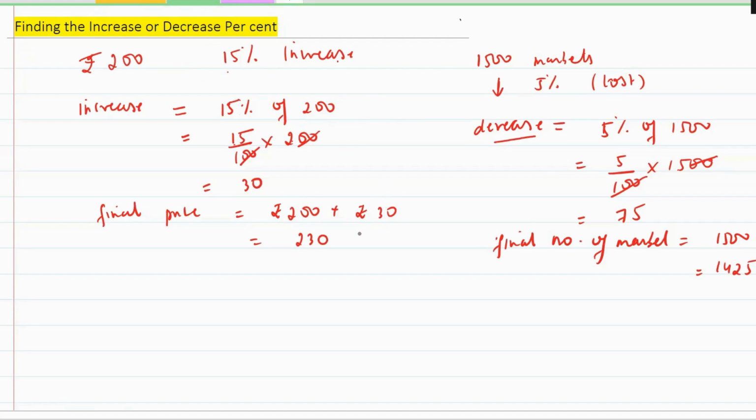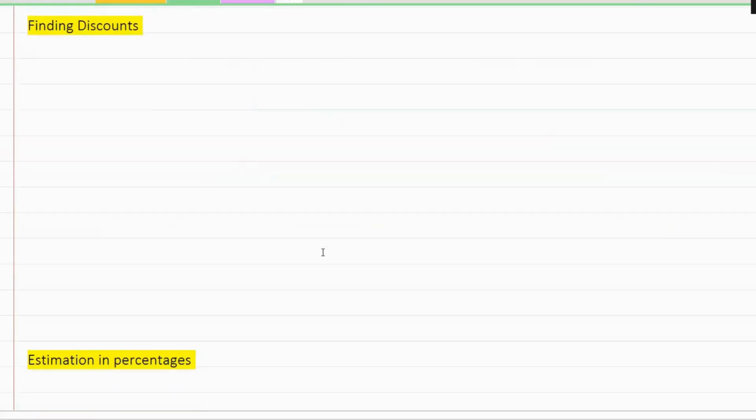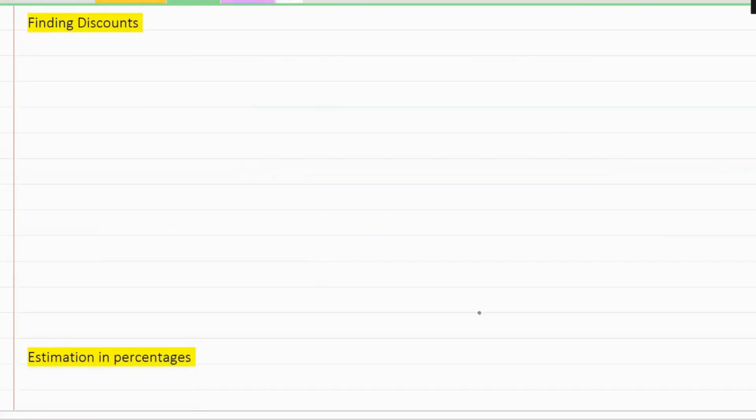Coming to the next topic from the same chapter, that is discounting. What is a discount? Suppose we go to the mall and there is a t-shirt which costs 1000 rupees. Now the price tag says there is a 20% discount. The price which is written on the price tag is known as the marked price.